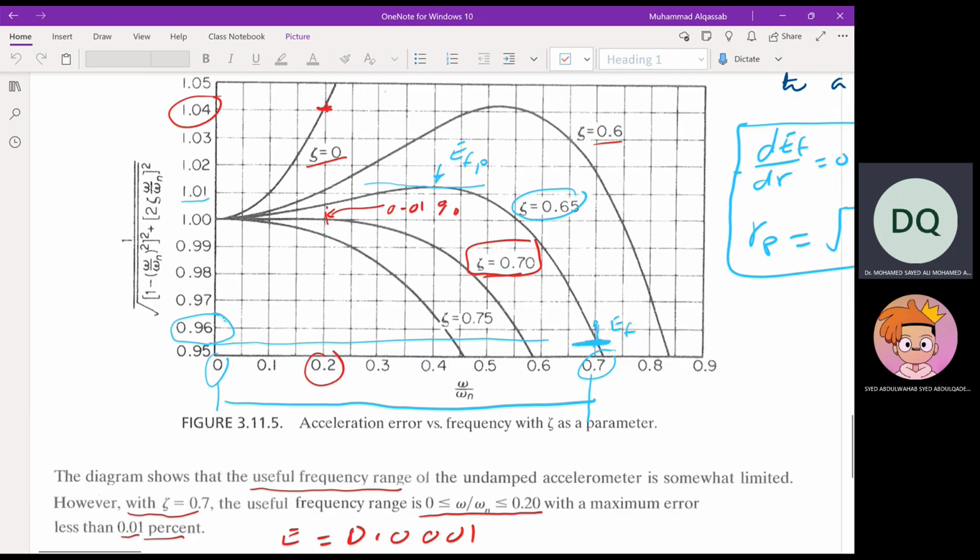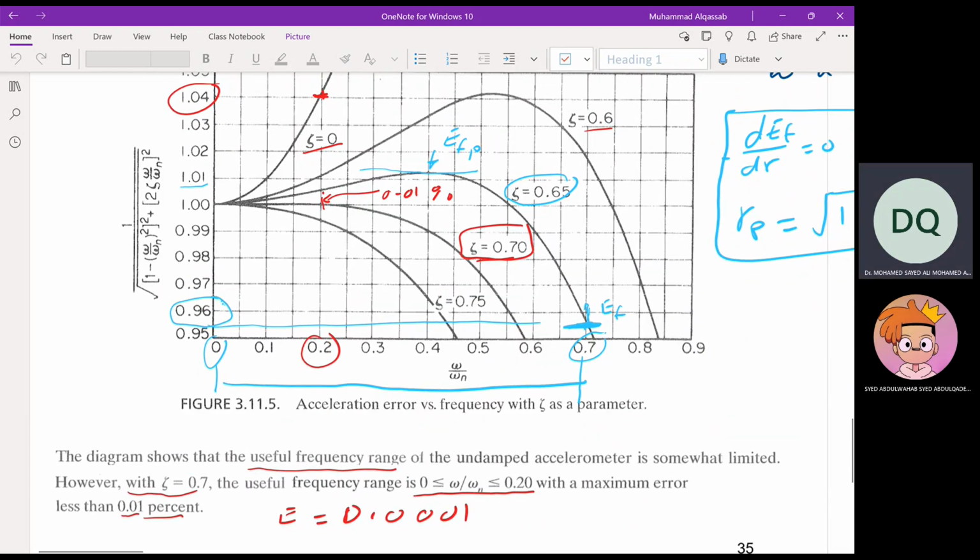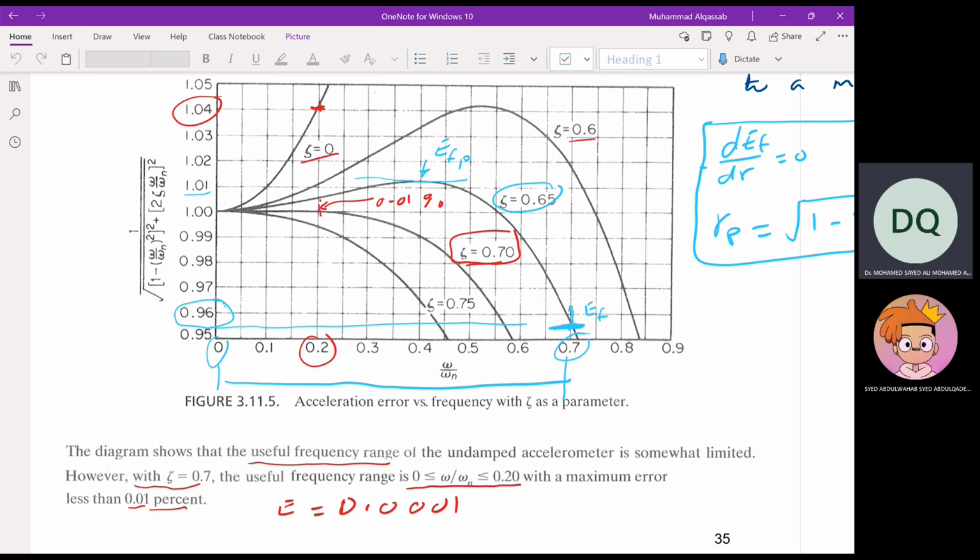Okay, an example is given here for zeta equal to 0 and zeta equal to 0.7. Okay, and if you use those two accelerometers within the range from 0 to 0.2, the one with zeta equal to 0.7 will have a maximum error of 0.01%, which is 0.0001.